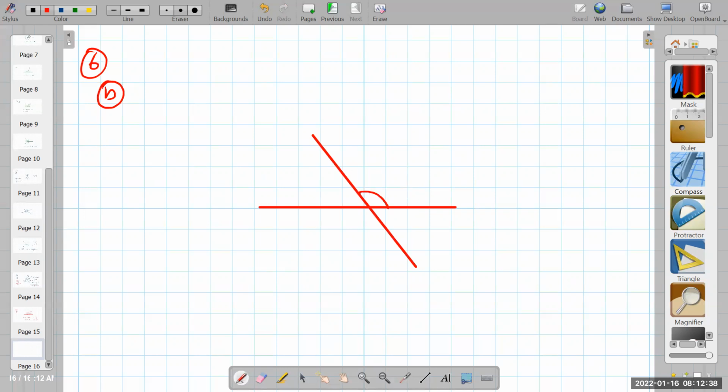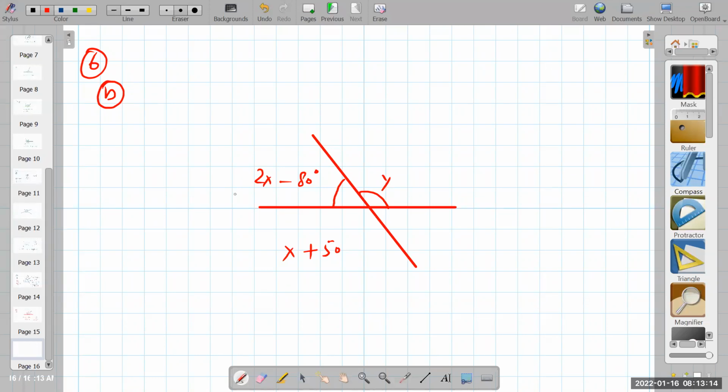Y and x plus 50. And here this one, 2x minus 80 degrees. So now calculate the value of x first. They are saying that first calculate the value of x.